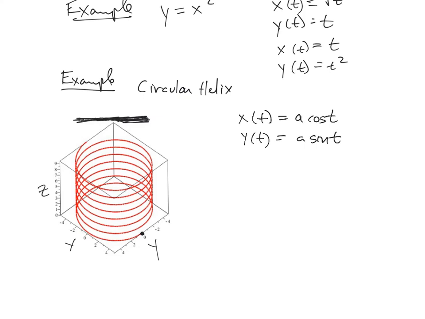What about z? Yep, z's going to do this, but what kind of mathematical function defines this? Remember, don't worry about xy right now, just think about z. What's happening in the z direction as time progresses? It's going like this, right? Very simple function. Just t, right?